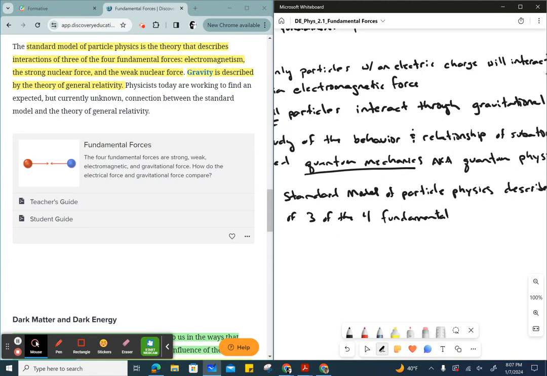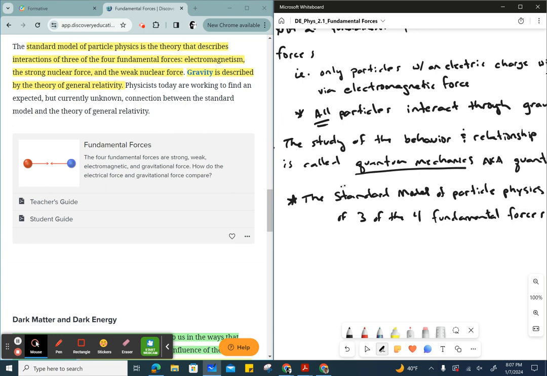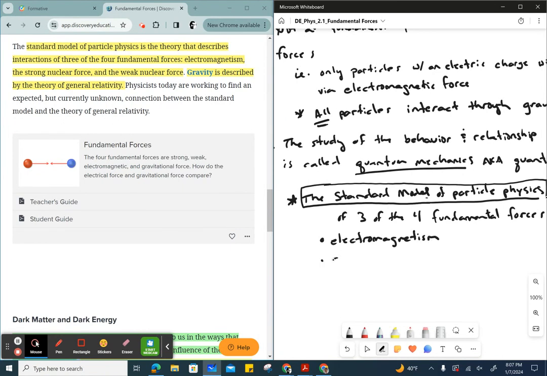The standard model of particle physics is going to look at the electromagnetism, strong and weak nuclear forces. Okay, that's the standard model of particle physics.